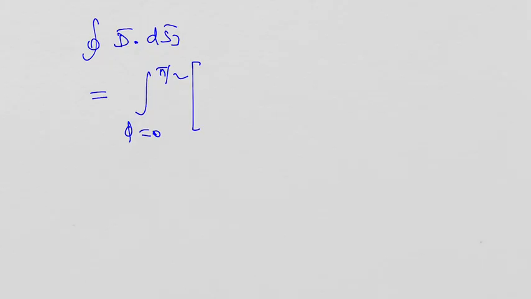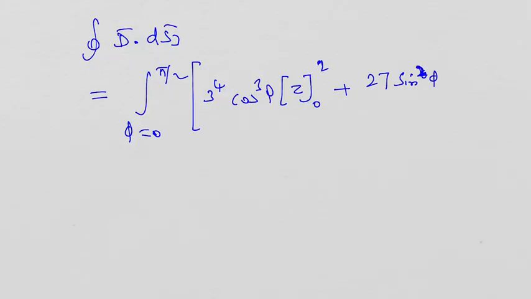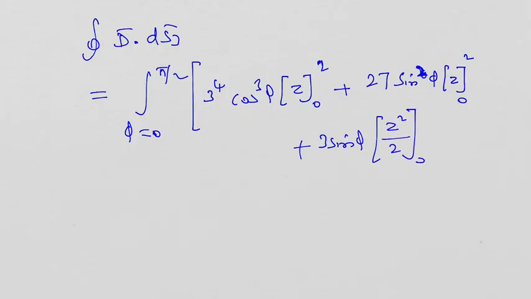When you multiply with the first component, 3 power 4 cos cube phi, and with respect to z, if it is integrated, z dz with limits 0 to 2, and 27 sin squared phi multiplied by the integration of z dz, lower limit is 0 and upper limit is 2, and plus 3 sin phi. Okay, lower limit for the z component is 0 and upper limit is 2. So the entire expression is to be now integrated with respect to phi.